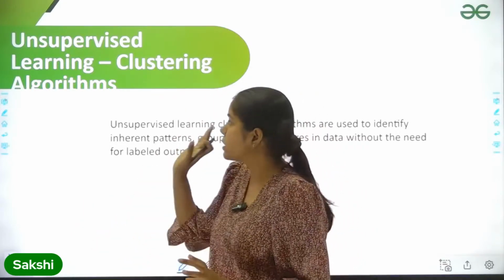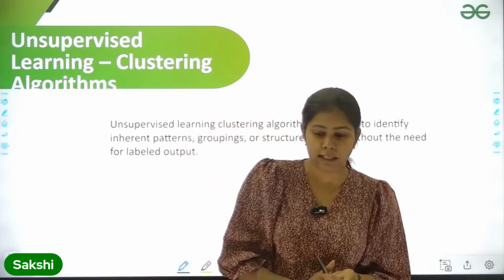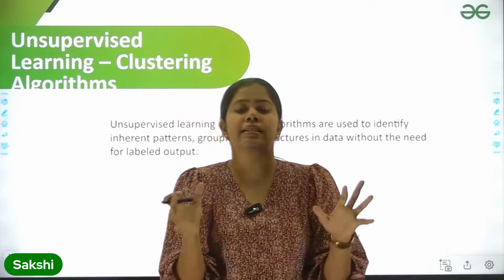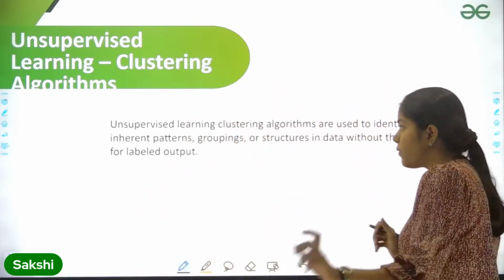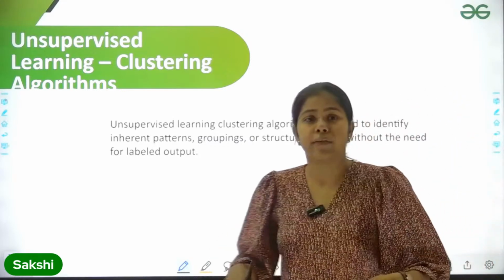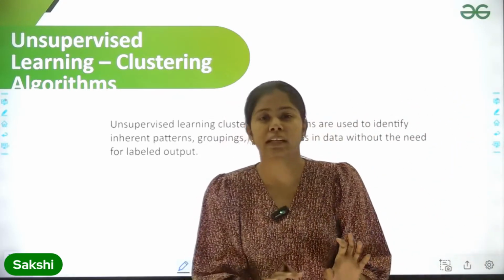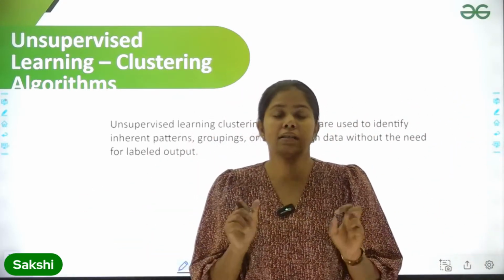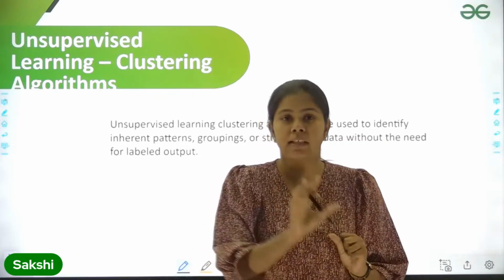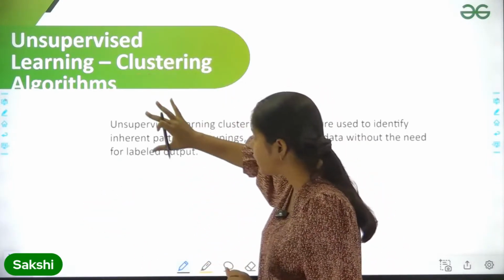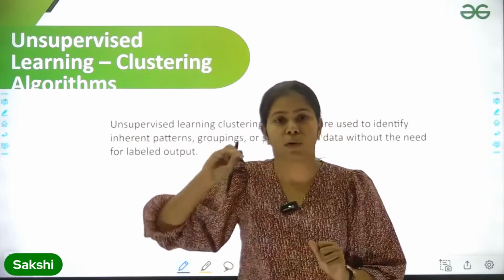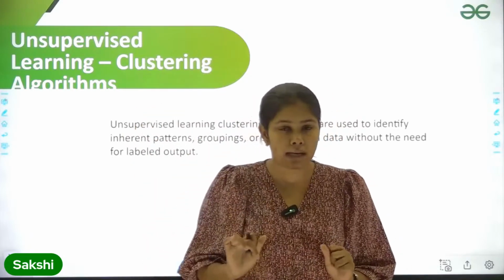Now we are going to discuss unsupervised learning in this session. Now the question arises: what is unsupervised learning? Whenever we do not have any labeled data, we'll consider the problem under an unsupervised learning algorithm. That means an unsupervised learning algorithm caters to the problem whenever we have unlabeled data.